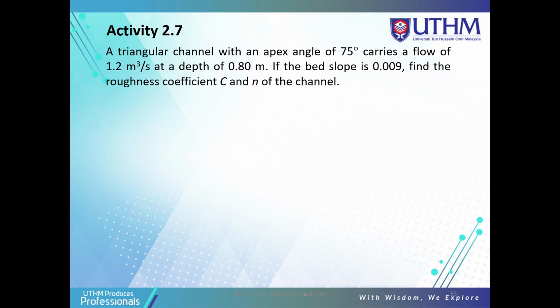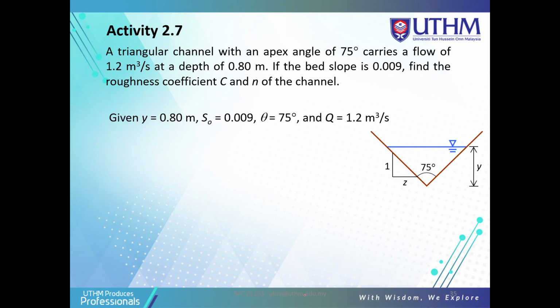This is also a triangular channel with the angle of 75 degrees carrying a flow of 1.2. So they have the triangular channel. The given parameters: y is 0.80, S naught is the bed slope, 0.009, the angle is 75 degrees, and Q is 1.2.